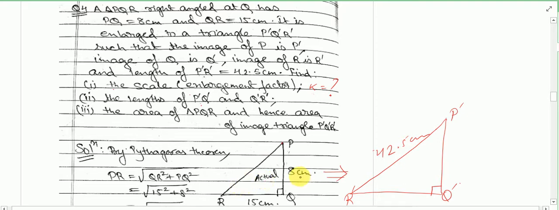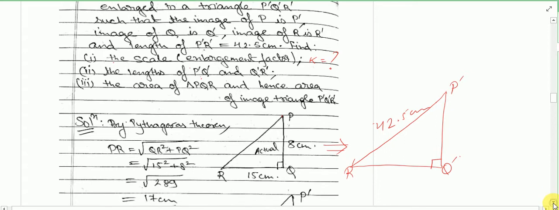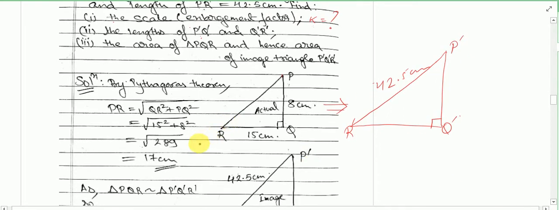This is 8, this is 15. PR is equal to under root QR square plus PQ square. So 15 square plus 8 square gives 289, that is 17 centimeters.